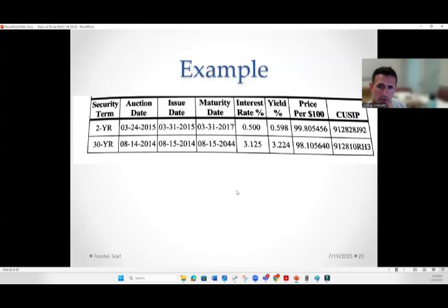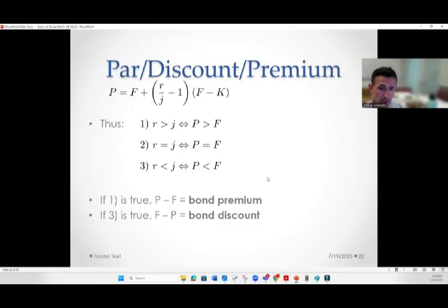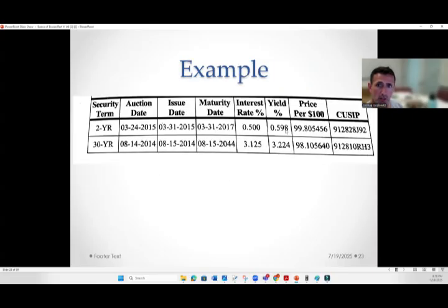All right, so let's just do a quick example, getting the bond discount. Be clear here, the rate is less than the coupon rate, same thing as the interest rate is less than the yield rate, and therefore the price is less than the face value, which for this table is set at $100.